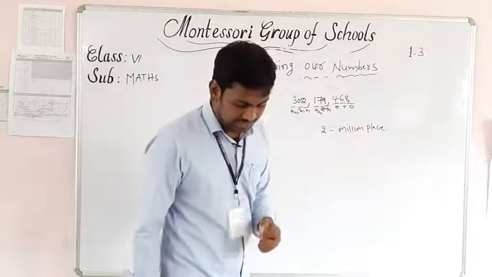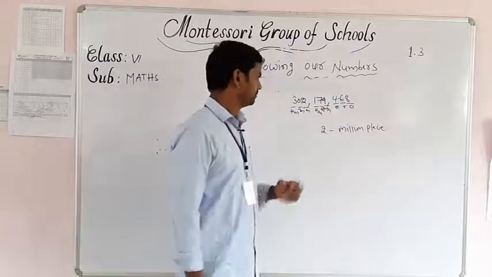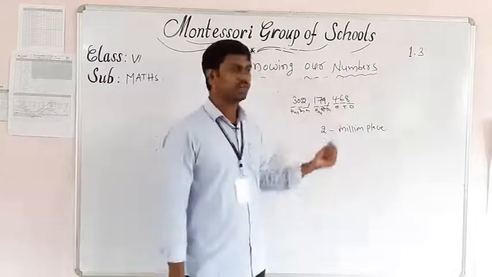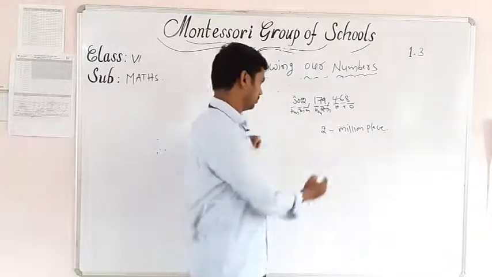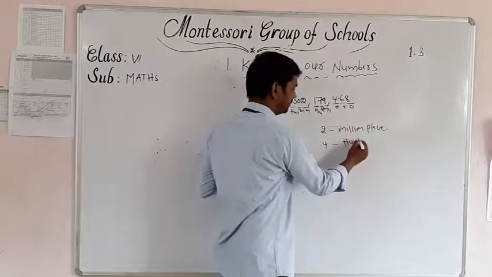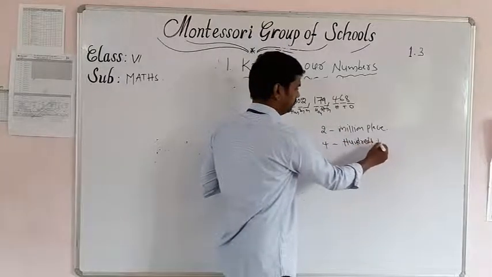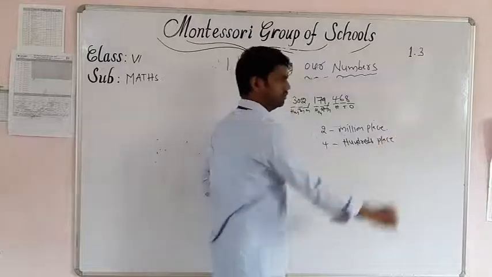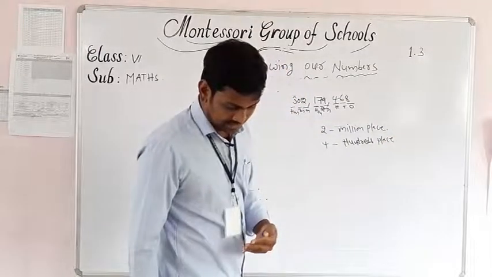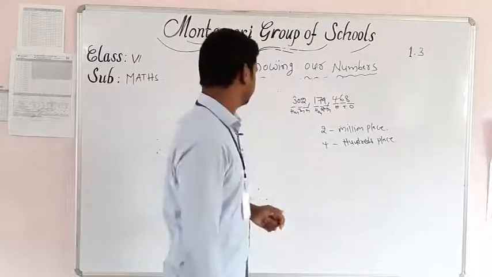Next, the digit at the hundreds place. What is the number? 4. Ones, tens, hundreds: 4 is the hundreds place.